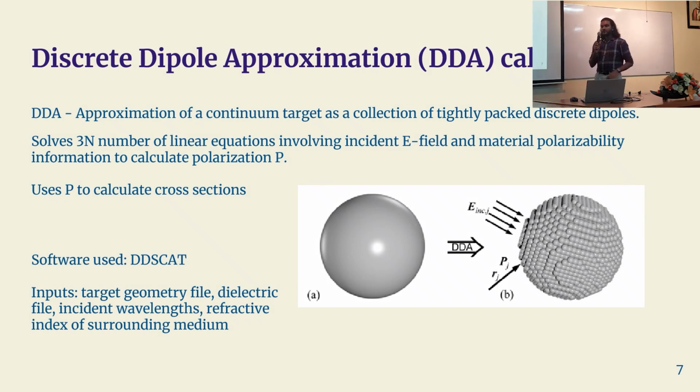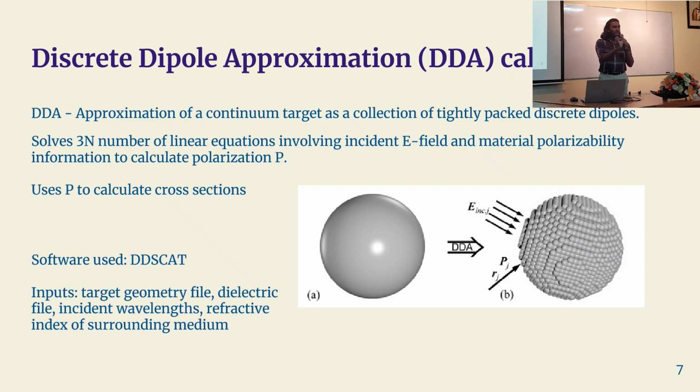The discrete dipole approximation had to be used because Mie theory is only valid for perfect spheres. The discrete dipole approximation is the approximation of a continuous real object as a bunch of discretized subvolumes, which are called dipoles. The dipoles are a plus charge and a minus charge.